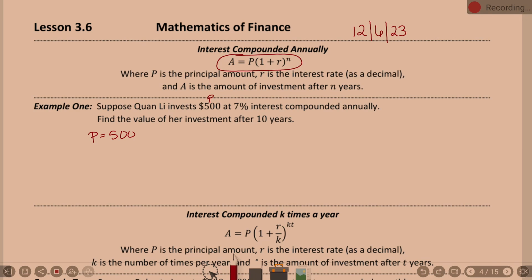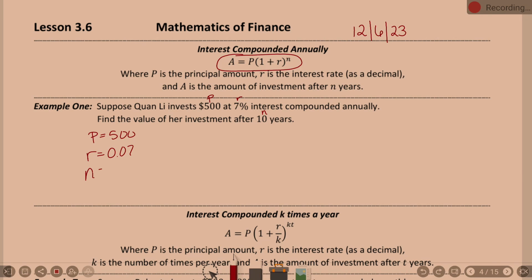What else do we know? Okay, 7% interest as a decimal, we're going to use that as 0.07. What else? Okay, 10 years. So that's our amount of time.